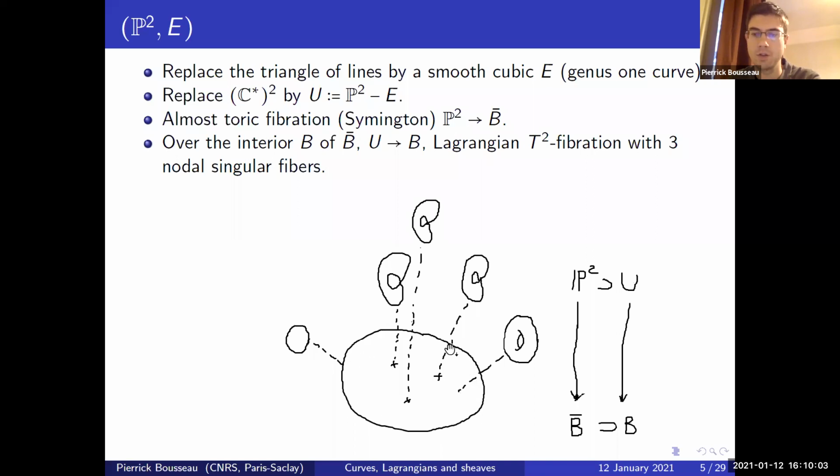So the triangle of the previous picture has been replaced by a disk. The corners have been smoothed out. And over the interior of this disk, you have this variety U. And in restriction to U, this map is a Lagrangian T2 fibration, except that it's not smooth everywhere, but it has 3 nodal singular fibers.